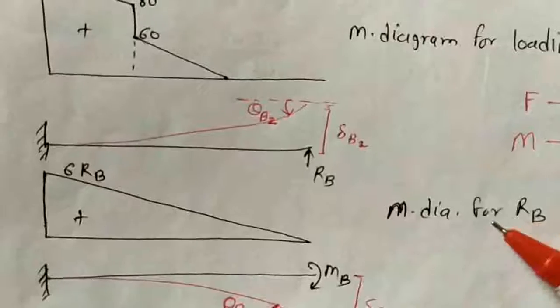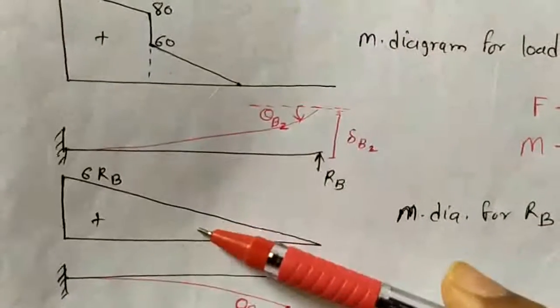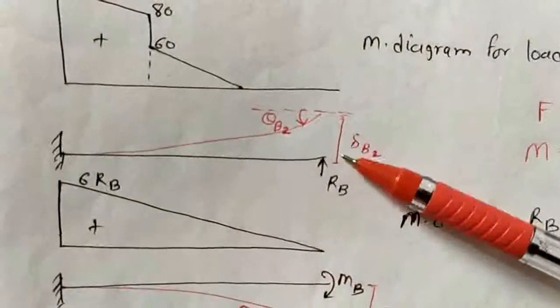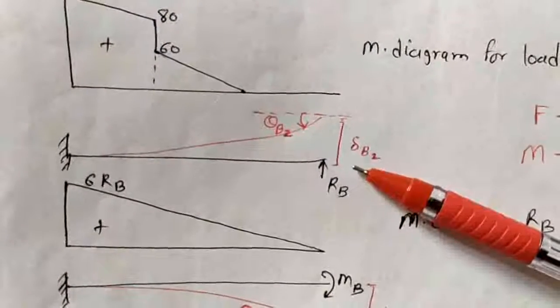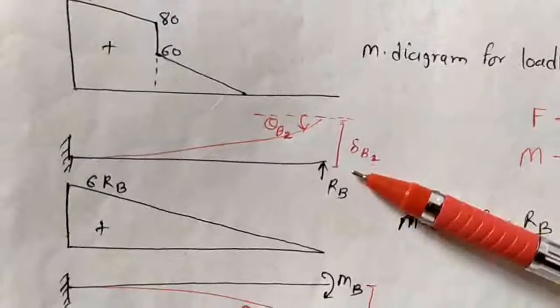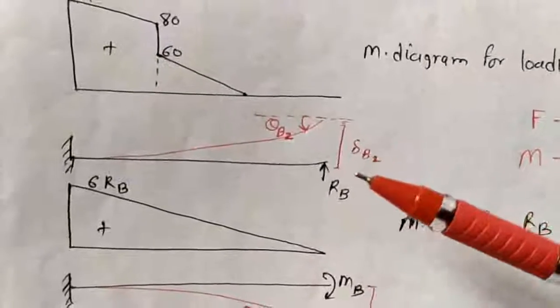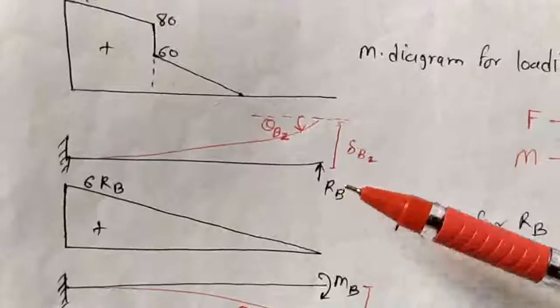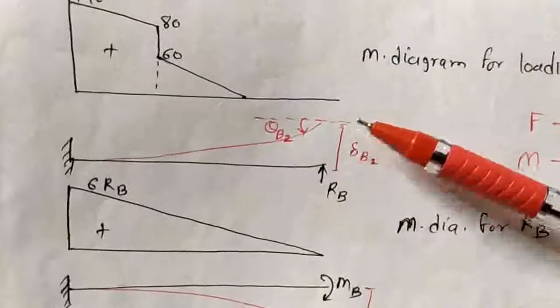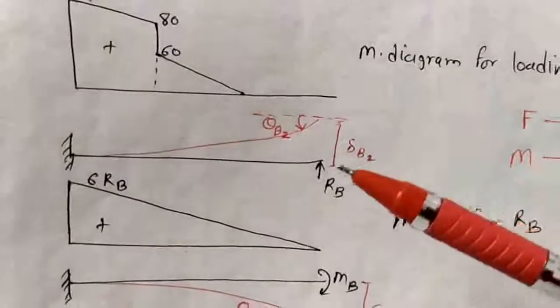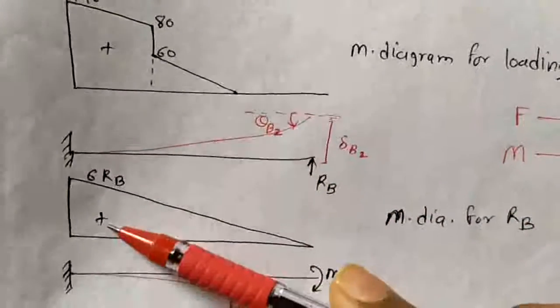Because of the application of RB, we have got this bending moment diagram. Now we are going to find delta B2. Our sign convention is that displacement in the direction of the unknown is taken as positive. RB is the unknown, and because of its application we are getting this displacement, so I have written positive here.